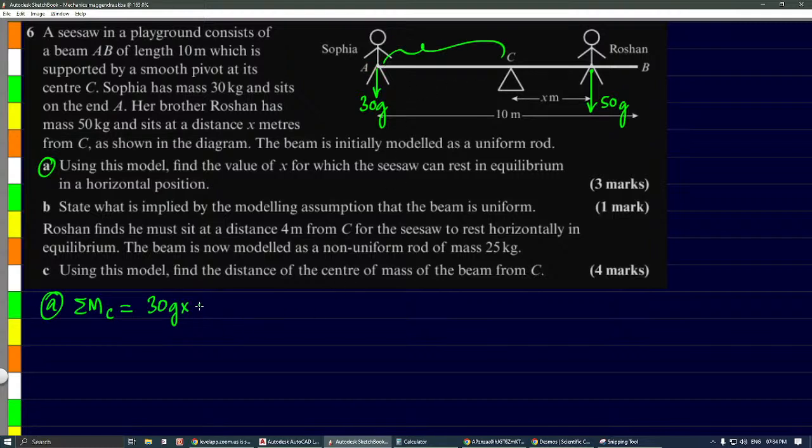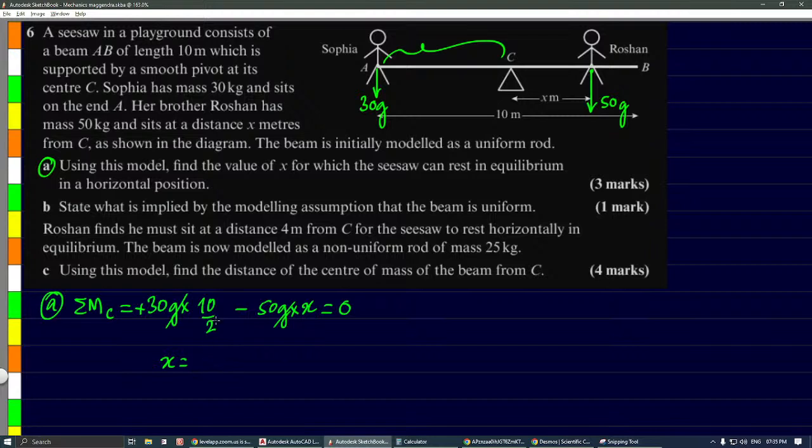It will be half of 10, because it is at the center, and this is going in the anti-clockwise direction, so it's plus. Then 50 G, the distance of 50 G is x, and this one is going in the clockwise direction, so minus. Total should be 0. Because total is 0, G can be taken common, sent to the other side, and it becomes cancelled.